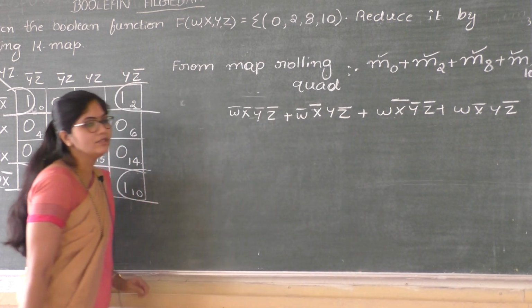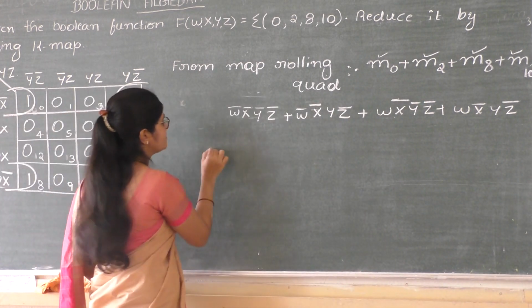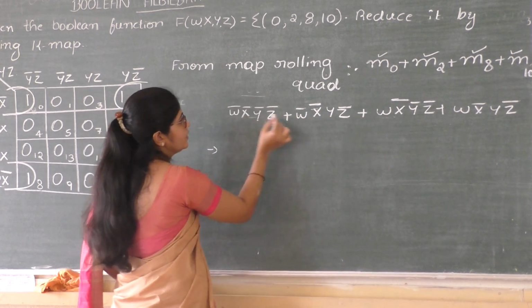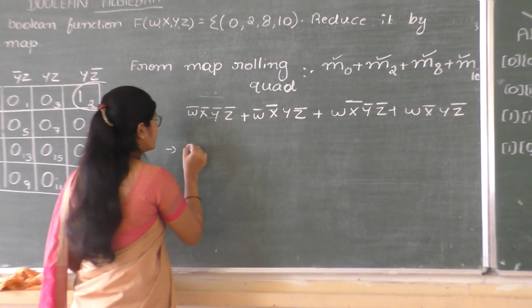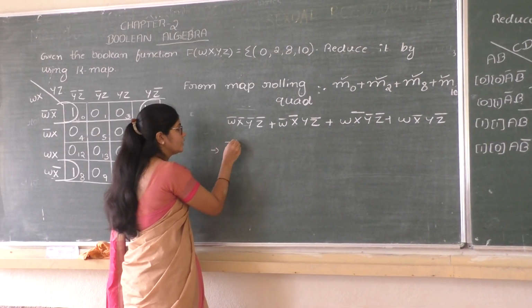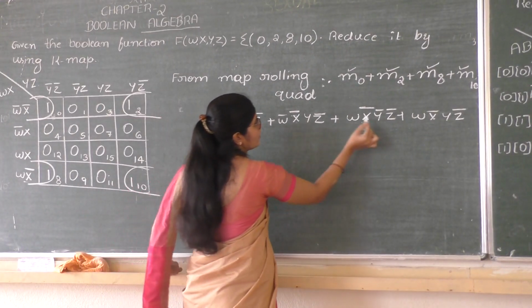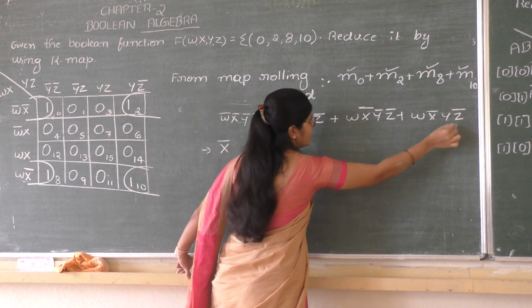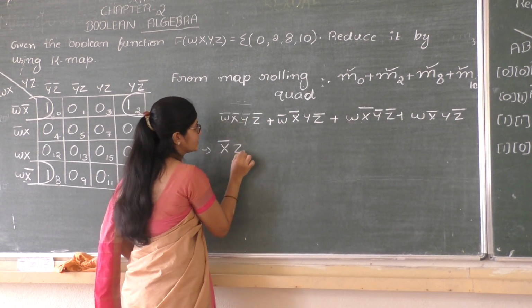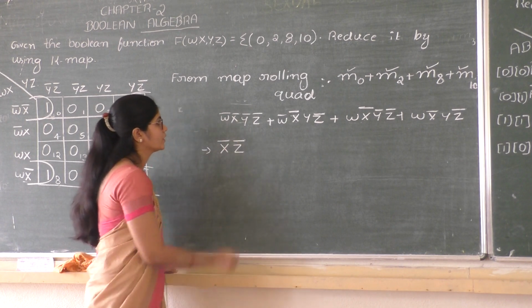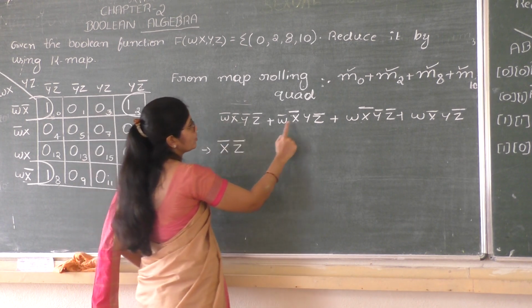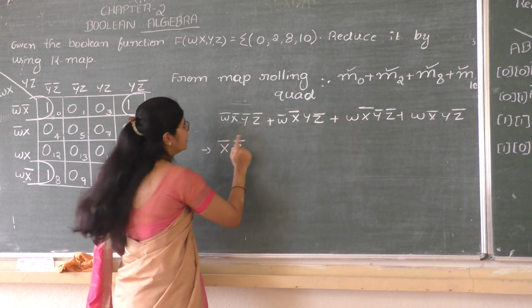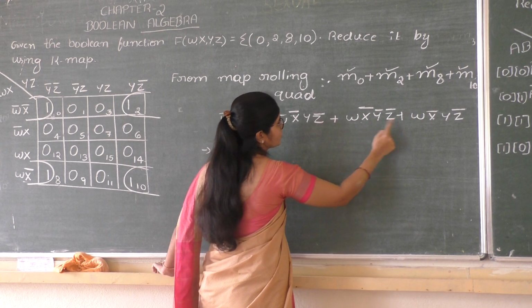Now, common variables in the minterms. W bar, yes, W bar is not common. Next, X bar, yes, X bar is the common variable. Write the variable. Next, Y bar is not common. Next, Z bar, yes, Z bar is the common variable. X bar, Z bar. W bar is not common. Next, X bar is the common variable. Next, Y bar is not common.